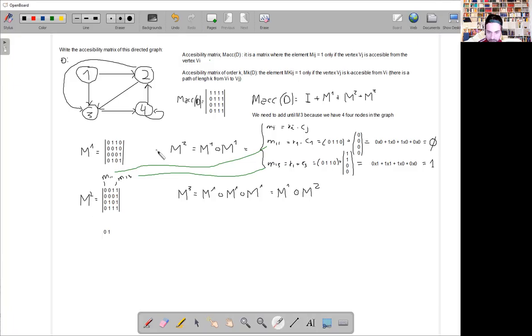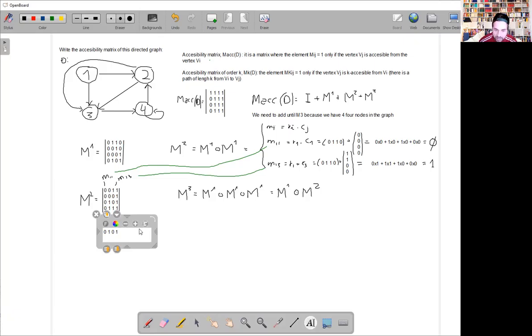We multiply the first row of M1 by the third column of M2, and we have 0 again. As you can see, these ones match with these zeros here, so we have 0 again. Finally, the first row by the fourth column. As this fourth column is all ones, we will have all ones here in the fourth column also.